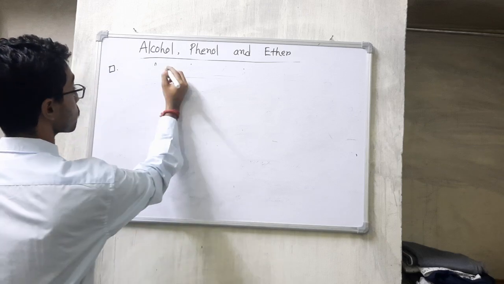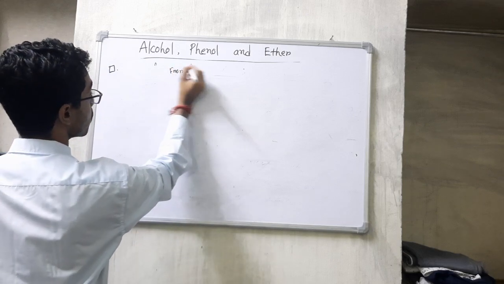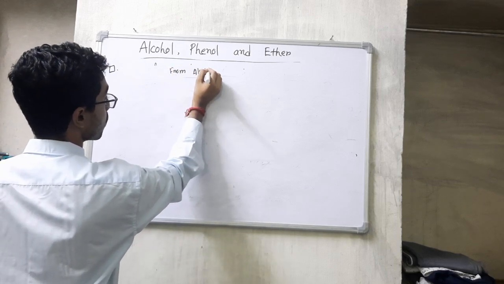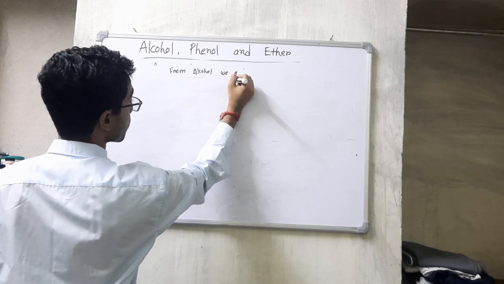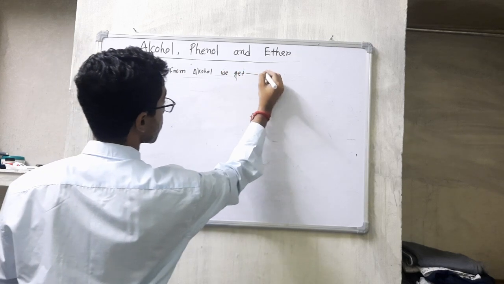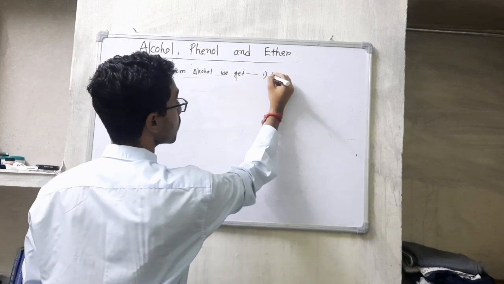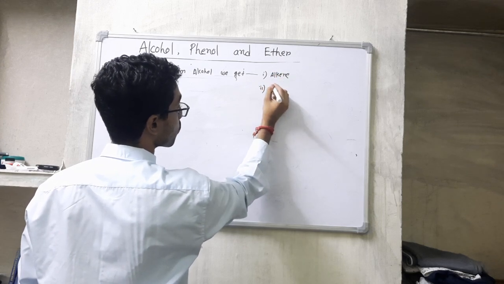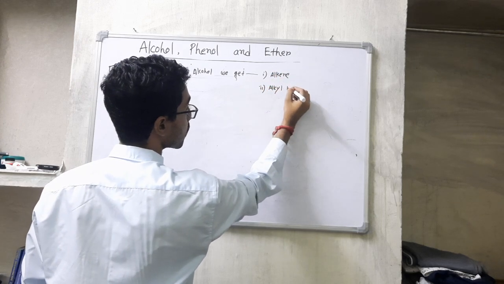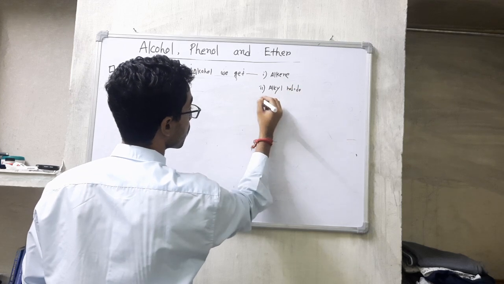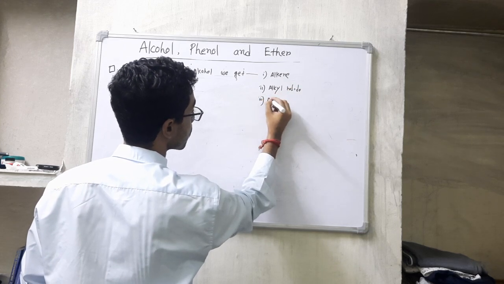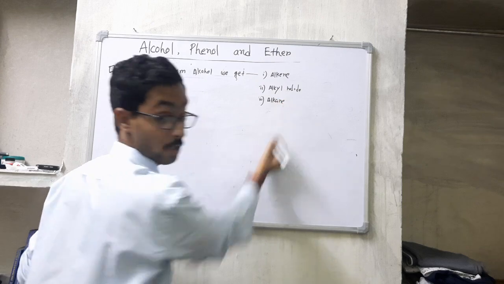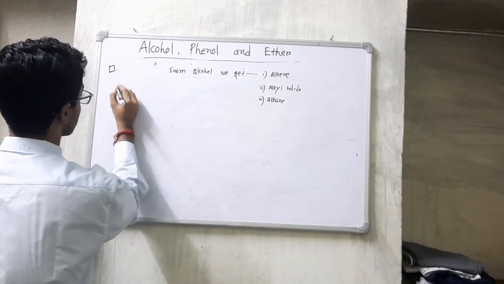So to summarize, from alcohol we get number 1 alkene, number 2 alkyl halide, number 3 alkane. Oh, one more reaction is there.